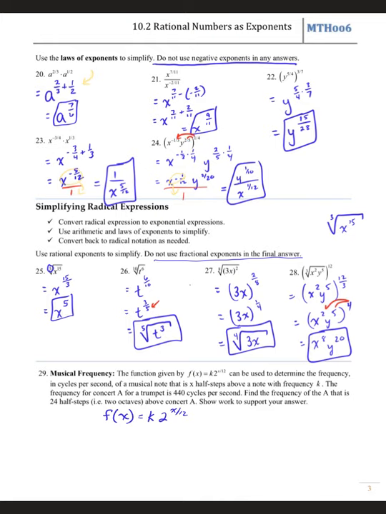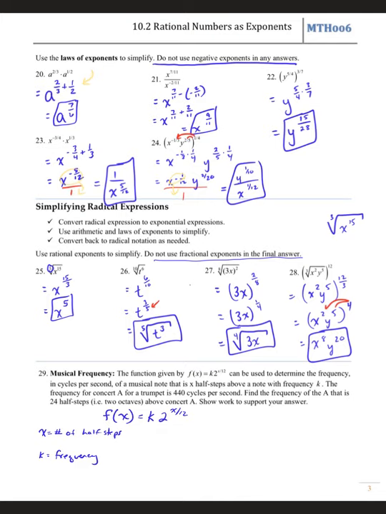So what I want to do first is define our variables. It tells us that x is the number of half steps, and it tells us that k is going to be the frequency. It's important that we write out what the variables are so we know how to proceed with the problem.